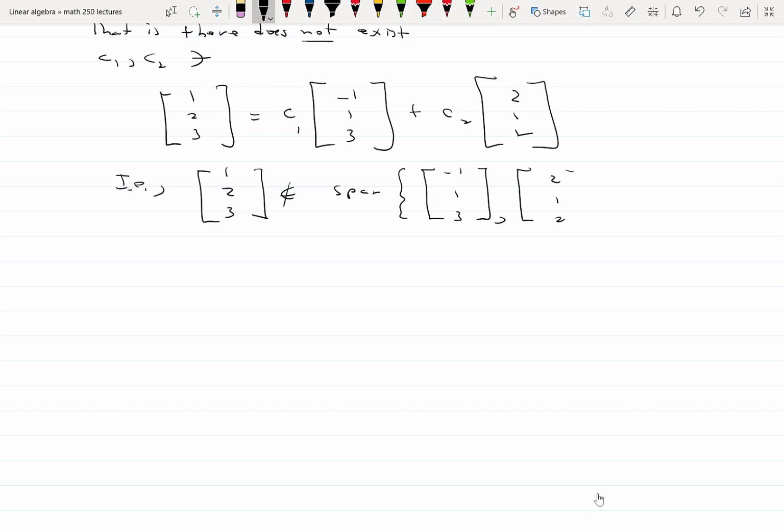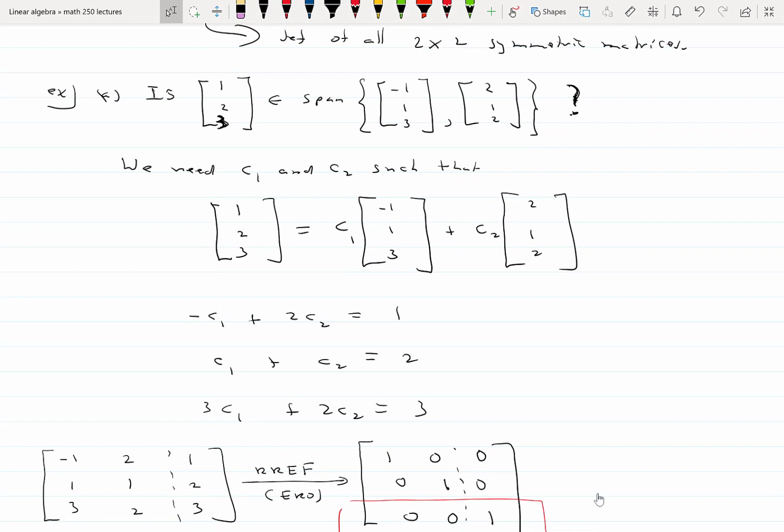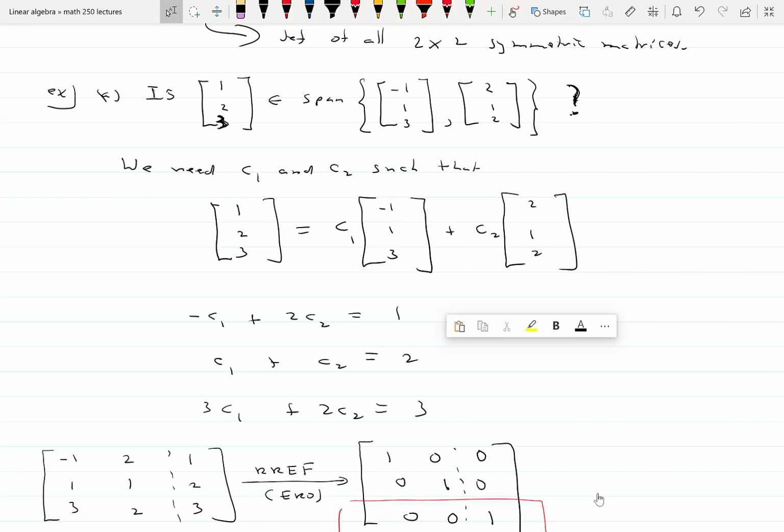I mentioned a few minutes ago that what you just saw here is going to be very common to us. We replaced a question about vector spaces with a system of equations, and our answer to the question about the vector spaces depended on whether a system had a solution or not.